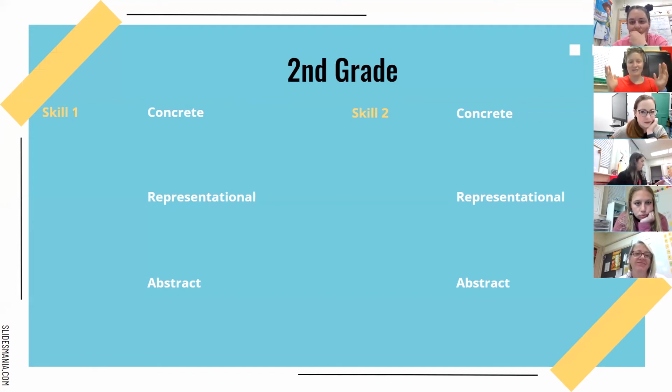This is kind of 101 level: what materials match it concretely, representationally, and abstractly. Think basic, and you can think of actual real life objects. I'm going to share an example of where gummies really is appropriate. My son just looked up like, ooh, gummies. Gummies is an appropriate thing, but you don't have to think of the most creative thing I can ever think of.